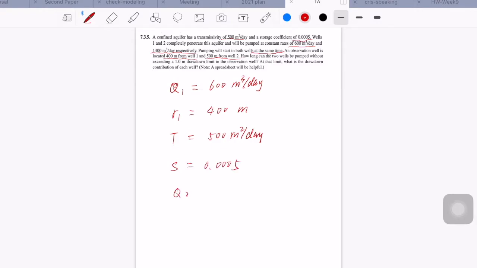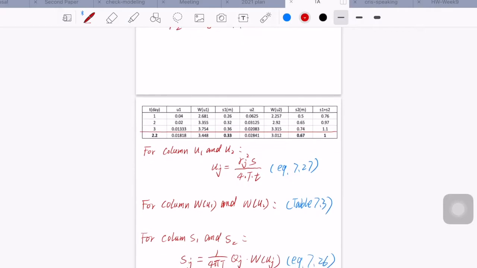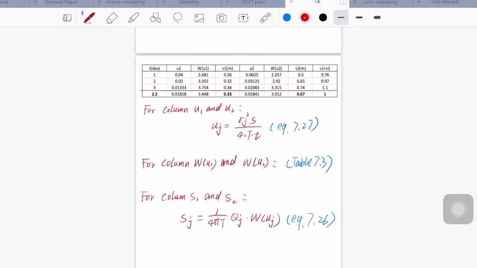The Q2 equals 1400 cubic meters per day, and R2 is 500 meters. And based on equation 7.27, 7.26, and table 7.3 in the textbook, we can create a table like this one.